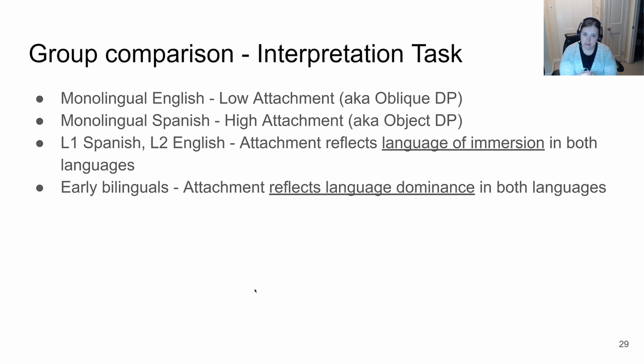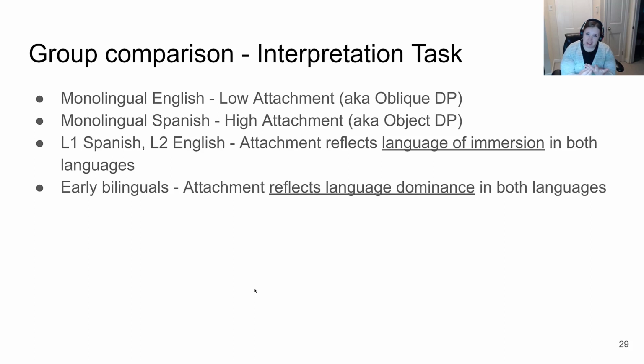They'll continue to use their L1 unless they're highly immersed in their L2, right? But notice how they're doing them both together. They're either both like the L1 or both like the L2. The early bilinguals are doing something similar. You're either getting no preference at all, but that's the same for both languages, or you're getting attachment preference that reflects whatever their dominance is, whatever their stronger language is.